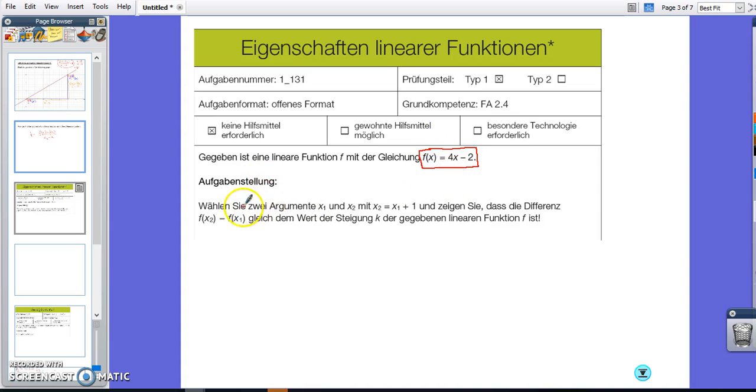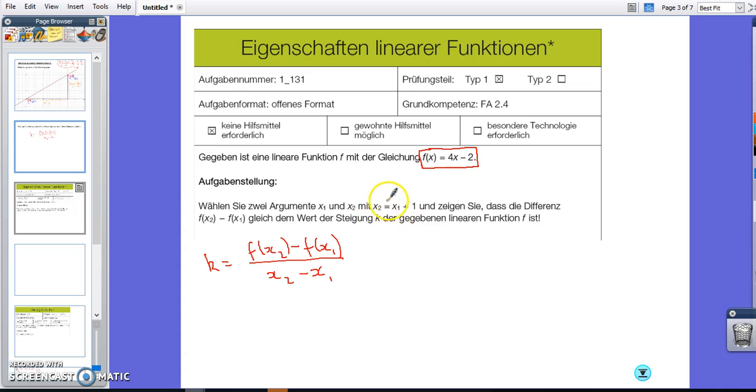And our task is to choose 2 x values, x1 and x2, where x2 is 1 more than x1, and show that the difference between the 2 values when we put them into the function is exactly the same as the gradient of the given function. Now this should work because we know that our gradient is given by our difference quotient.